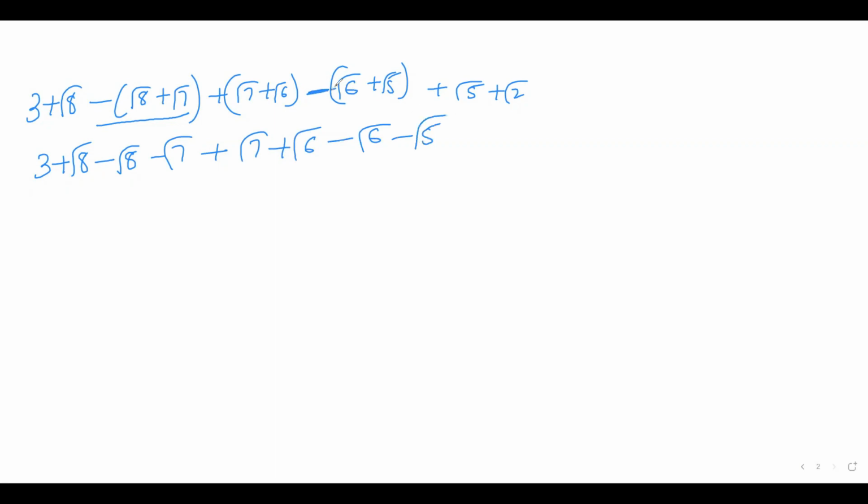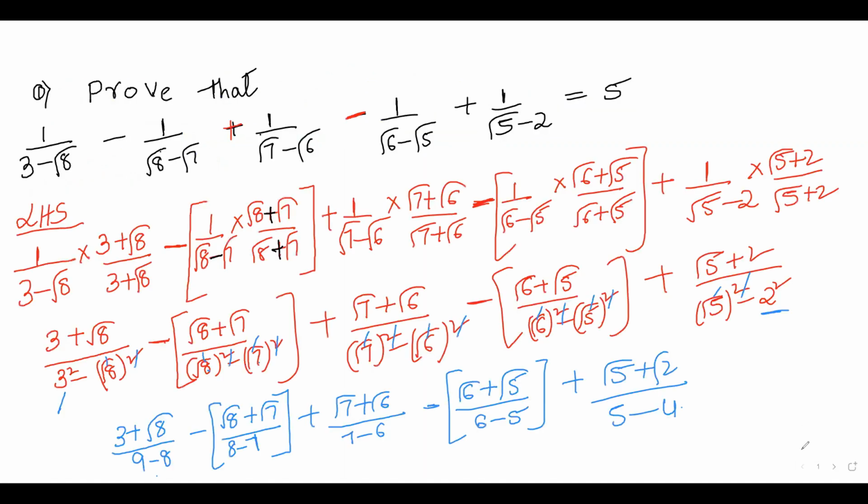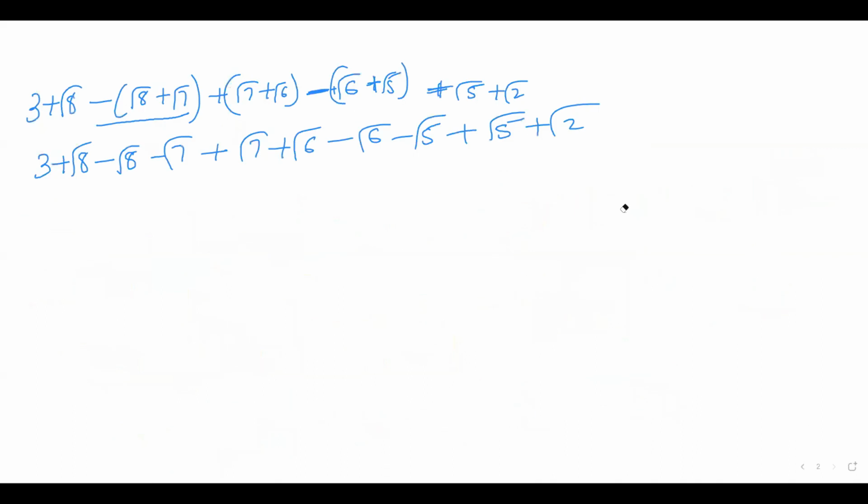Both root 6 and root 5 are having plus sign, so on changing the sign, you will get minus root 6 minus root 5. Here as you have plus, no need to change the sign. Is that okay? Please note, this is just 2, not root 2, it is just 2.